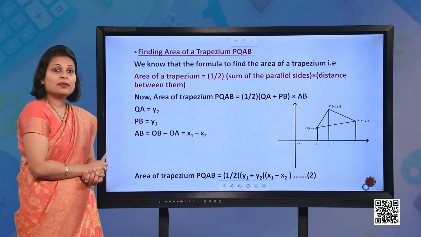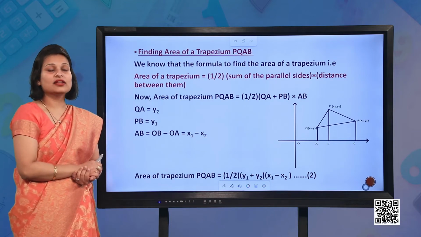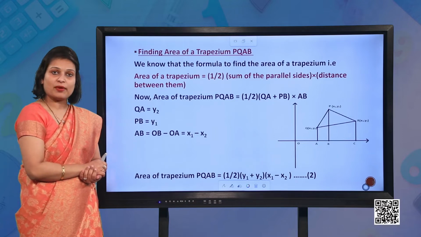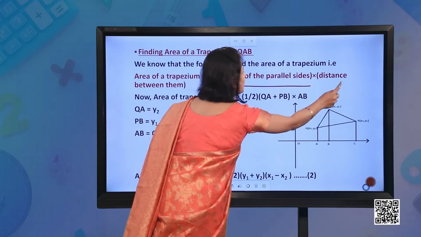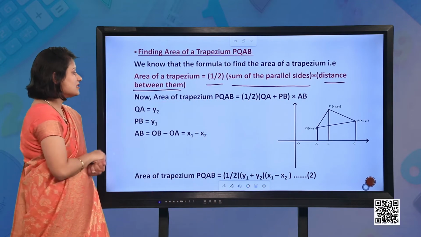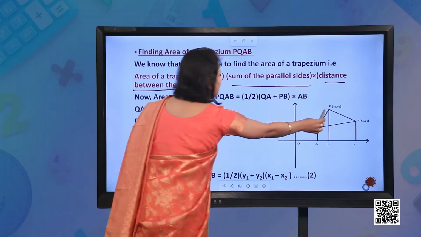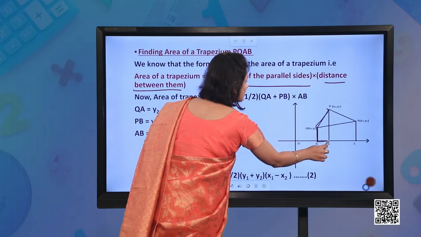Finding the area of trapezium PQAB, what do we have to do? We have to apply the formula for the area of a trapezium, which is half into the sum of parallel sides into the distance between them. As you can see here, PQAB, we have considered this trapezium first.